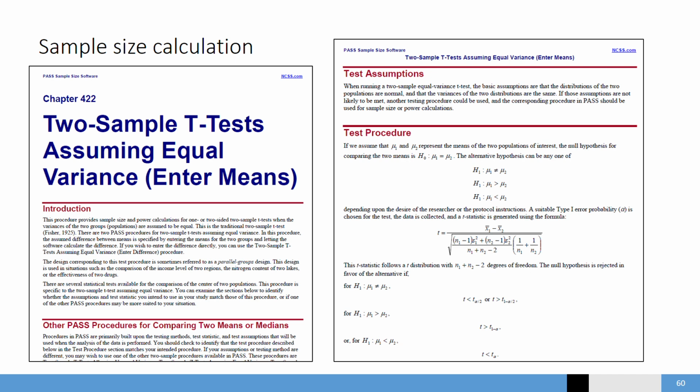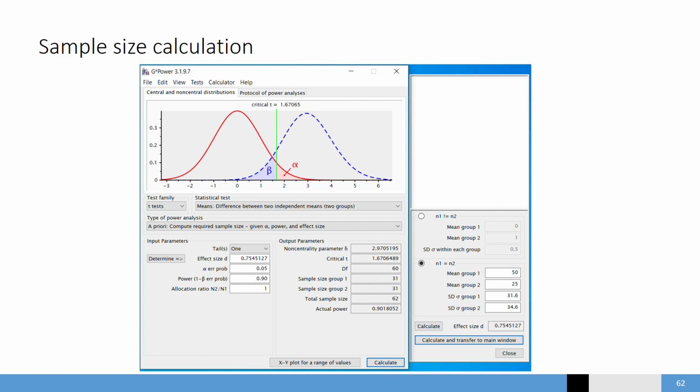PASS is commercial software, so you will have to pay for a license. It is not too expensive, but most of the institutes don't have it. So there is another, more widely used software, that is GPower. GPower is free.